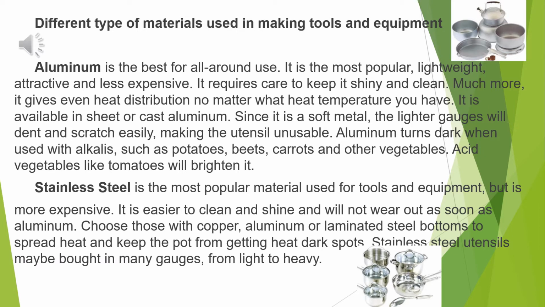It is available in sheet or cast aluminum. Since it is a soft metal, the lighter gauges will dent and scratch easily, making the utensil unusable. Aluminum turns dark when used with alkalis such as potatoes, beets, carrots, and other vegetables. Acid vegetables like tomatoes will brighten it.